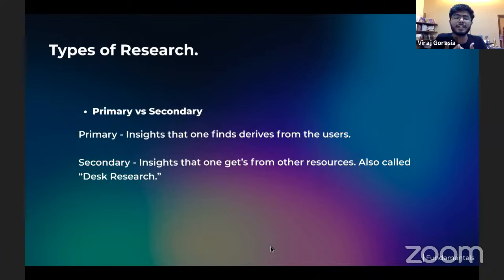Something that we get from someone else, not something that we have procured on our own, comes under secondary. And interestingly, it is also called desk research, because you can sit at a desk with your laptop and just search on the internet and gather information.